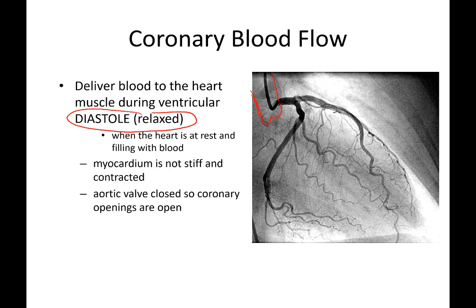Normally at rest, the valves that are located here, we'll talk about later, are closed. During ejection, these valves are open and they actually block and obstruct the hole that the blood would go through into the coronary arteries.